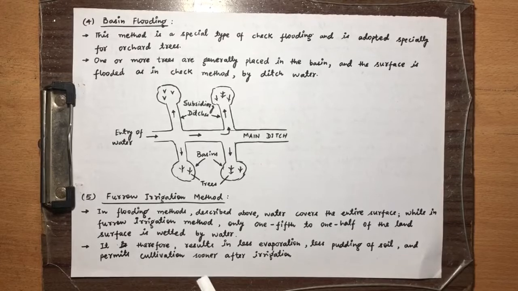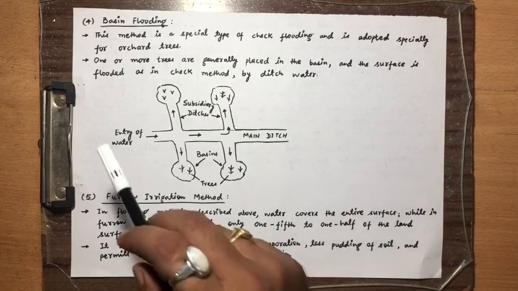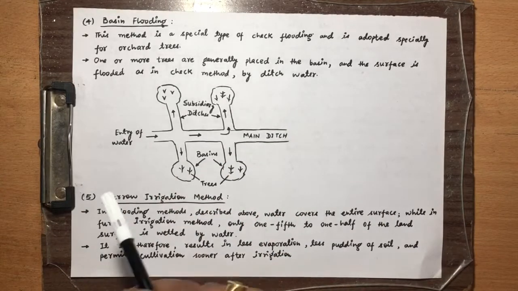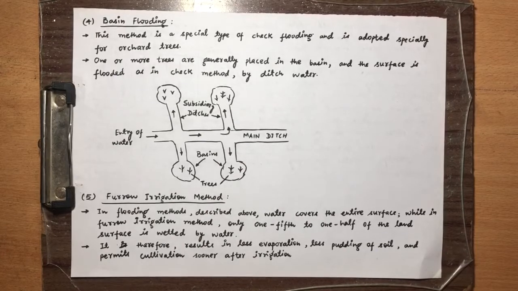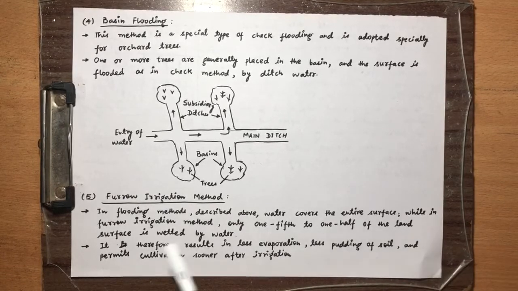In the flooding methods described above, till now we have seen only flooding methods. So what was happening there? Water covers the entire surface. We were flooding the whole area, so water is spreading over the entire surface of the field. While in the furrow irrigation method, only 1/5 to 1/2 of the land surface is wetted by water.